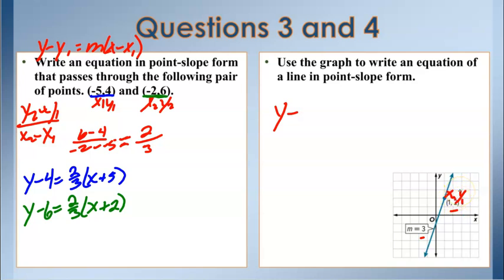So it'd be y minus 2 equals our slope of 3 times x minus, and our x1 is 1. So that would be our point-slope form equation.